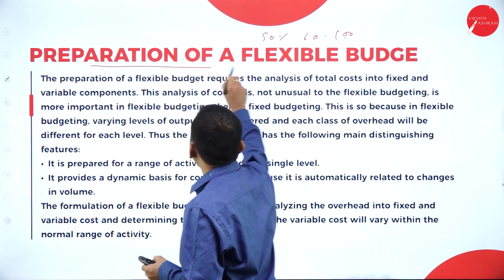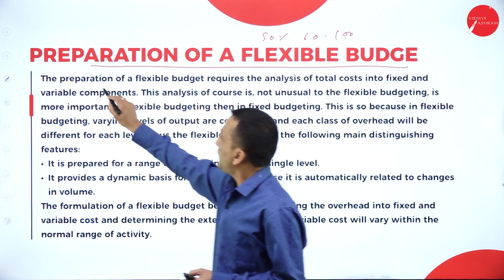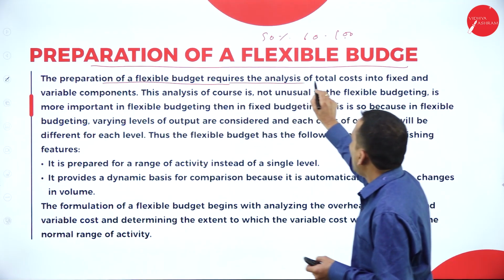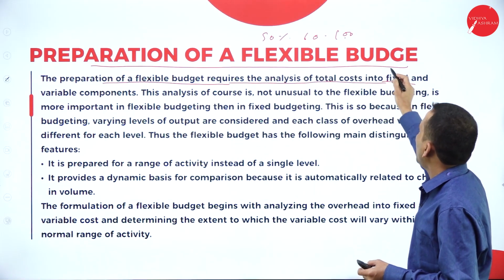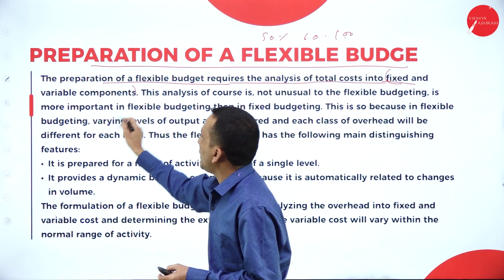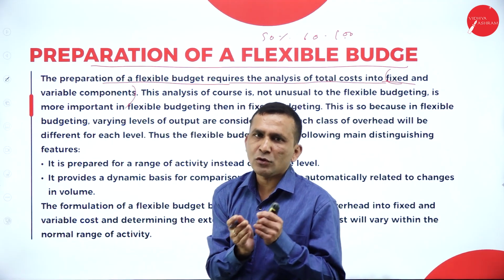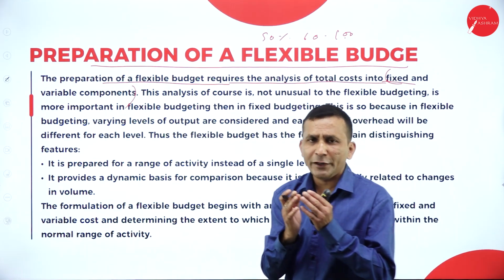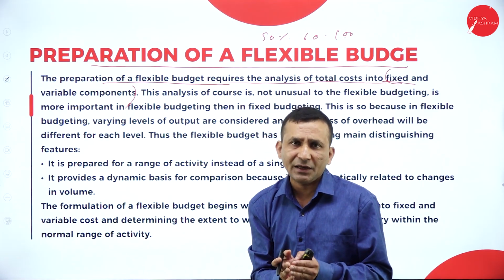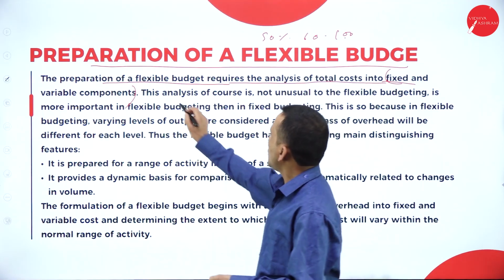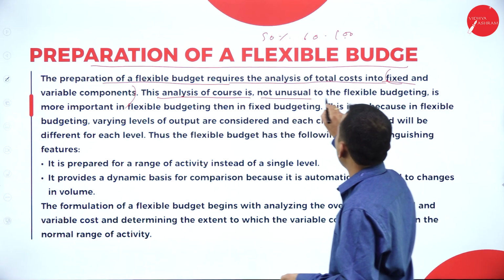Preparing a flexible budget requires analysis of total cost into fixed and variable components, which is very important here. According to the question, we need to identify what exactly they have given as fixed cost. So this analysis is of course useful.